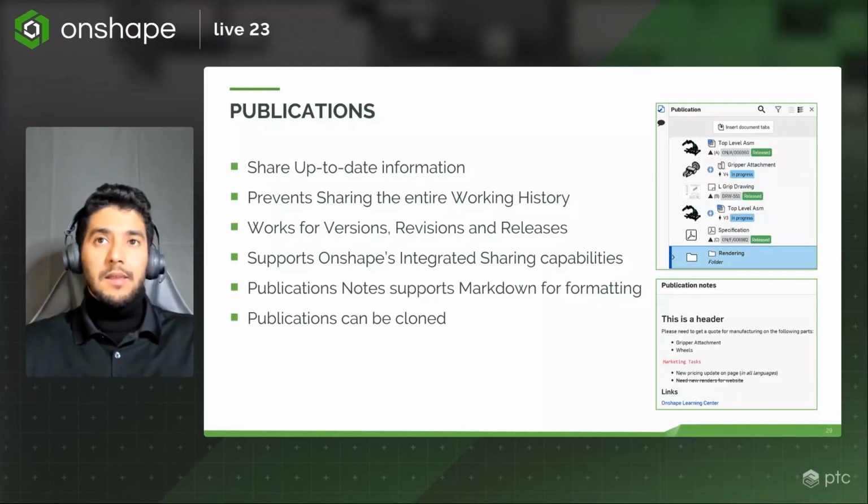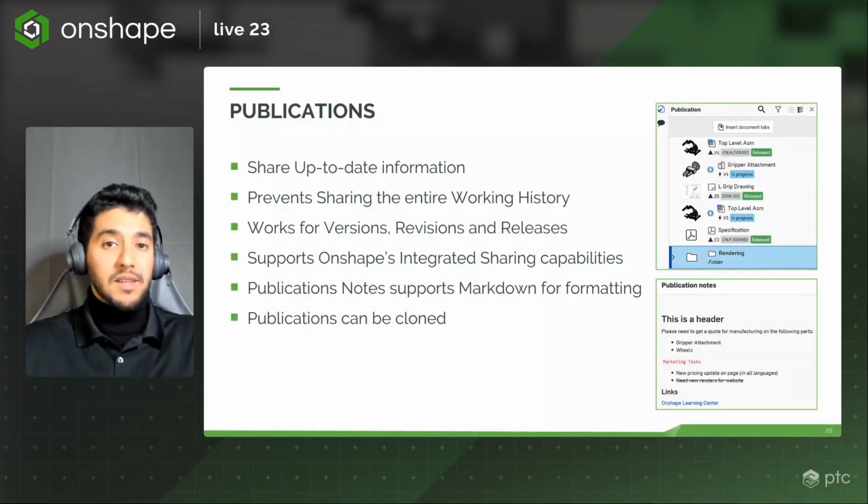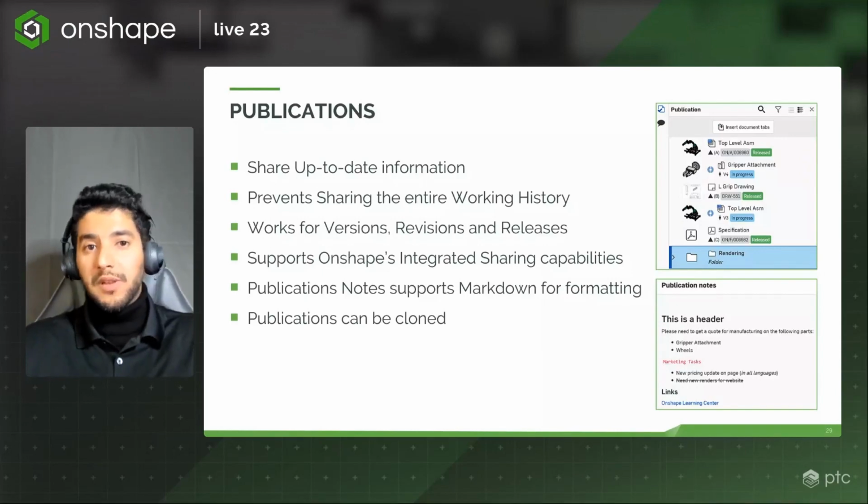Data and items within publications must be versioned or revisioned, and they cannot be edited. You can share publications exactly the same way you share any other Onshape document. You can include notes which accept traditional markdown style. And finally, you can duplicate and clone a publication to use for different use cases.